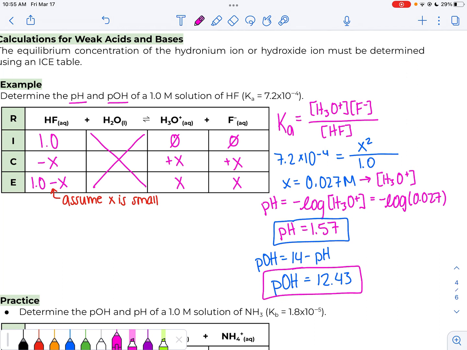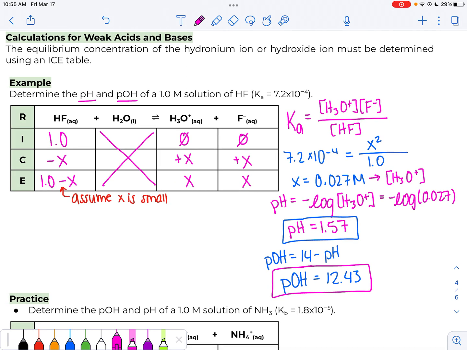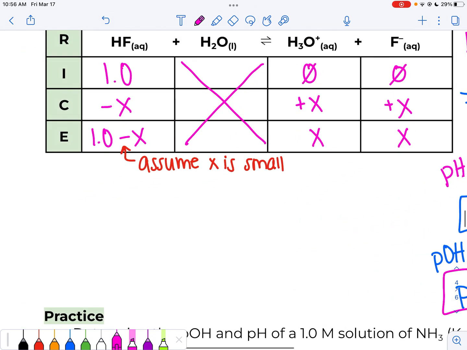But I am going to remind you of the check approximations that you need to know. This is something that I very strongly recommend that you do, especially on the AP test when you're doing these ICE table calculations. You want to make sure that you can actually say that X is small enough to be ignored. So remember, we're looking for something less than 5% of our original concentration. So let's do a quick check just to make sure we're good.